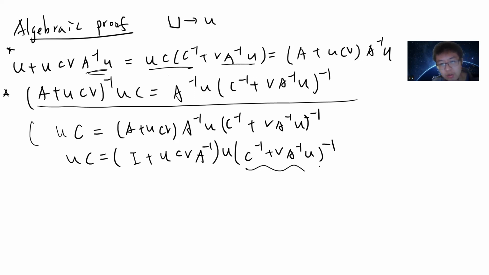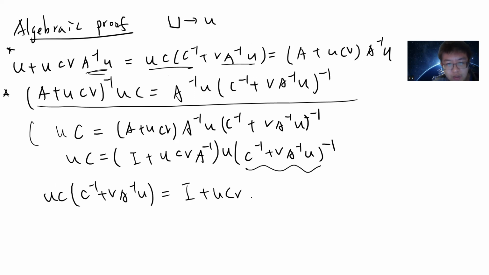And this U C will give you identity plus U C V A inverse U, times C inverse plus V A inverse U inverse. Then you just multiply to the other side, so you get U C inverse plus V A inverse U should equal I plus U C V A inverse U.